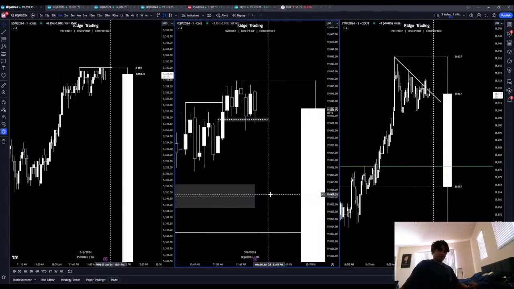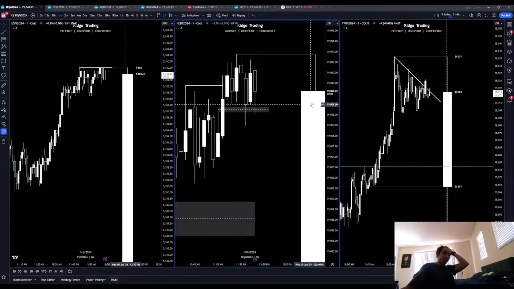Okay, came back down, bouncing again off this little tiny miniature gap.